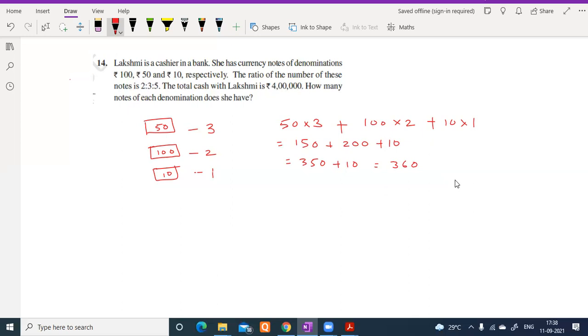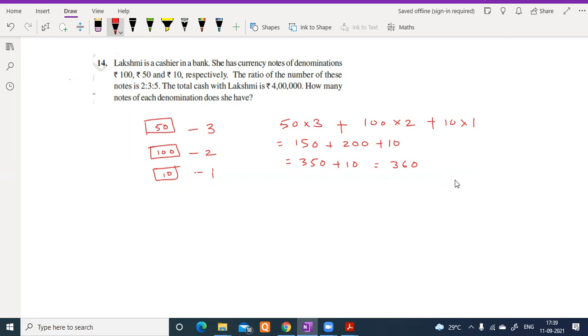So let us go back to the question and read it once again, having understood this scenario. Let us assume that instead of Lakshmi, you have currency notes of denomination 100, 50 and 10 respectively. Why are they telling only these? There can be a note of 2000 also, which you are currently not having. You are currently having notes of 50, 100 and 10 in your pocket.